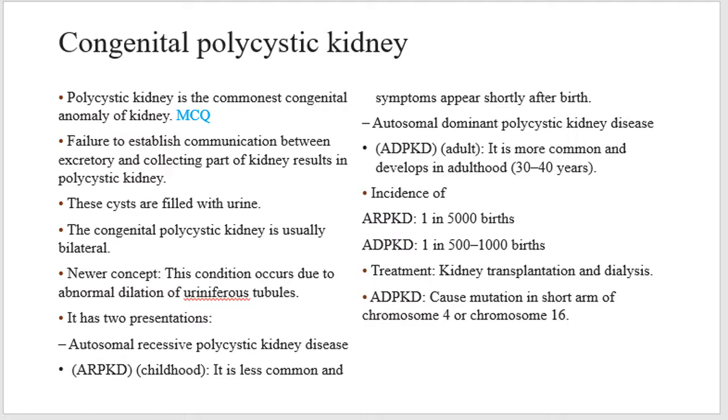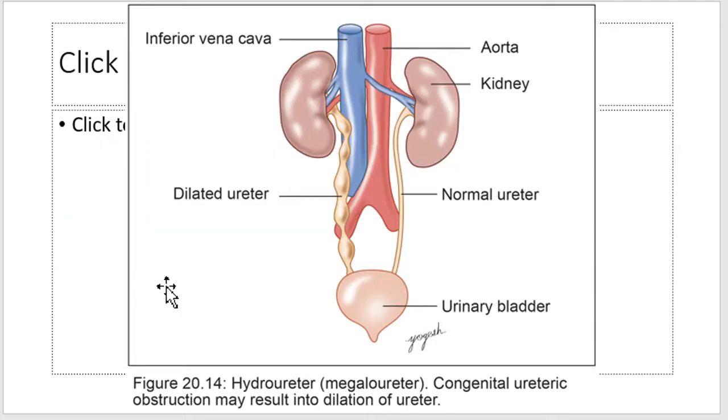Congenital polycystic kidney. And there is obstruction of the ureter that produces a hydroureter, dilatation of the ureter.